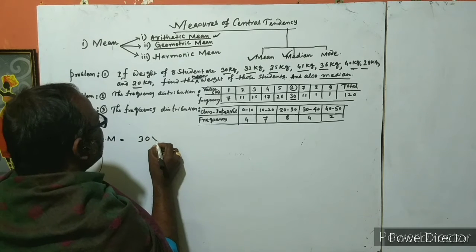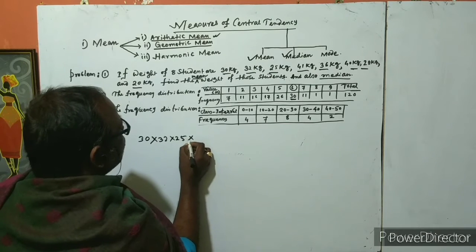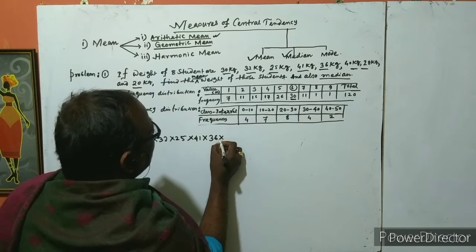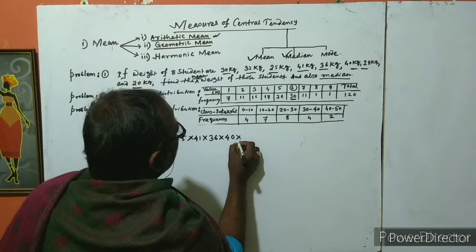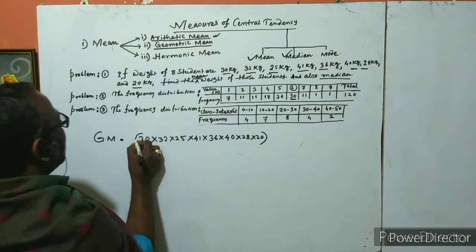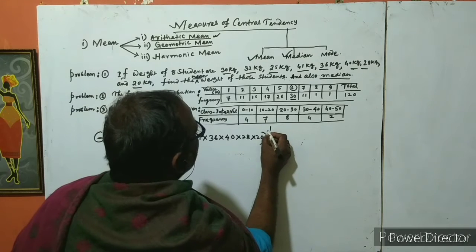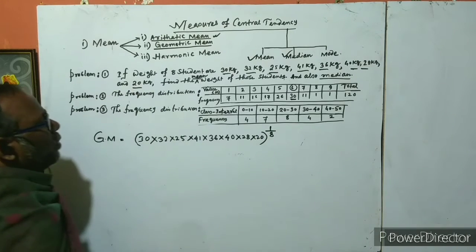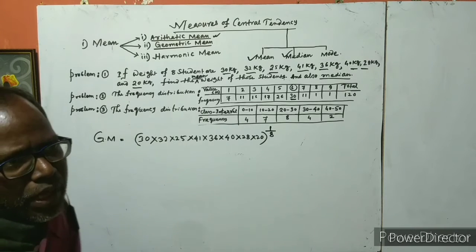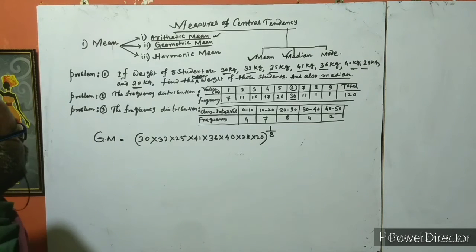That is the product 30 kg into 32 kg into 25 kg into 41 kg into 36 into 40 into 28, and also 20 kg, and this is raised to the power 1 over 8, the number of items. Okay, this is the power. And we have to calculate with the help of logarithm. Then this calculation will be easy here.